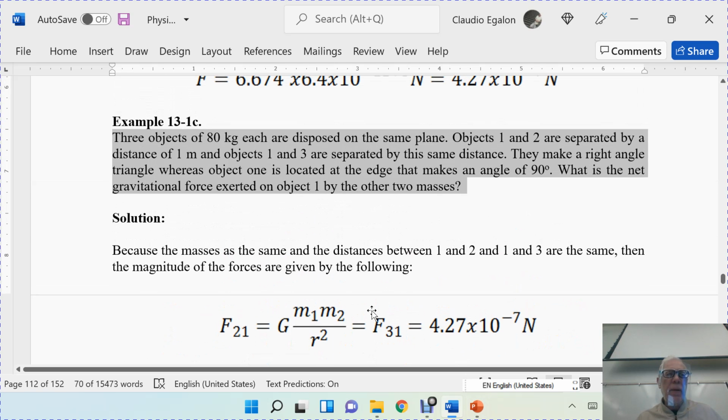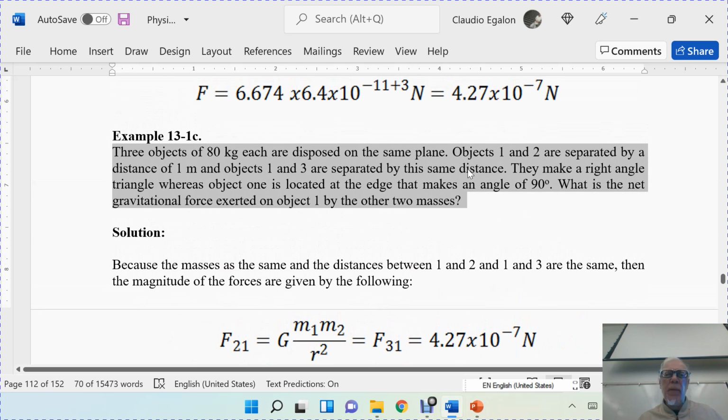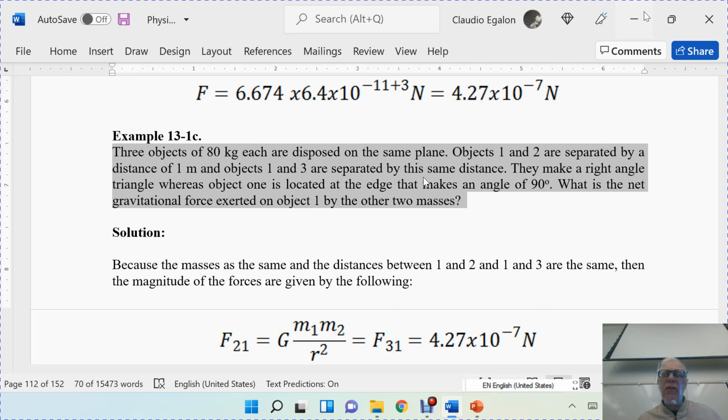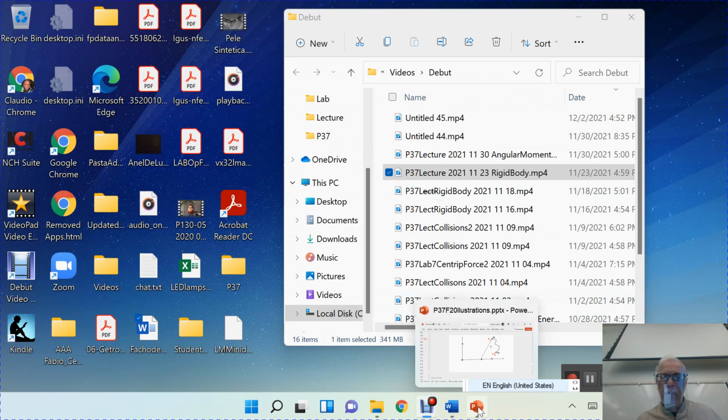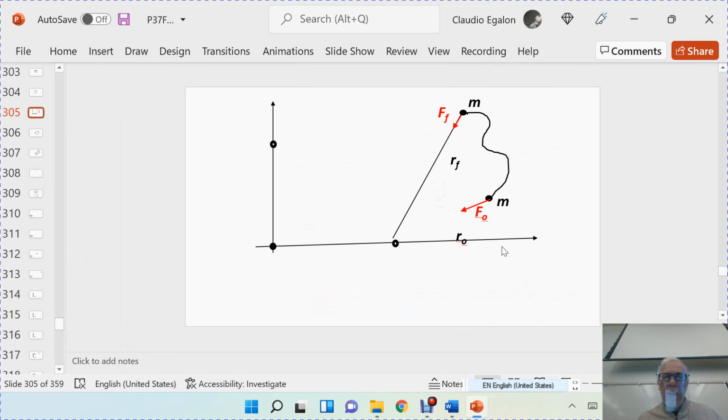Here you go, 3 objects of 80 kilograms. They all have the same mass. They make a right angle triangle. They are separated by the same distance.